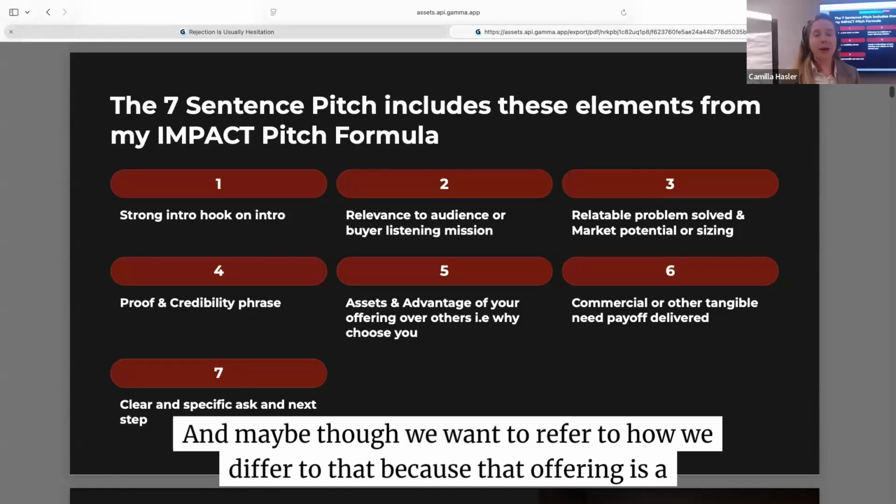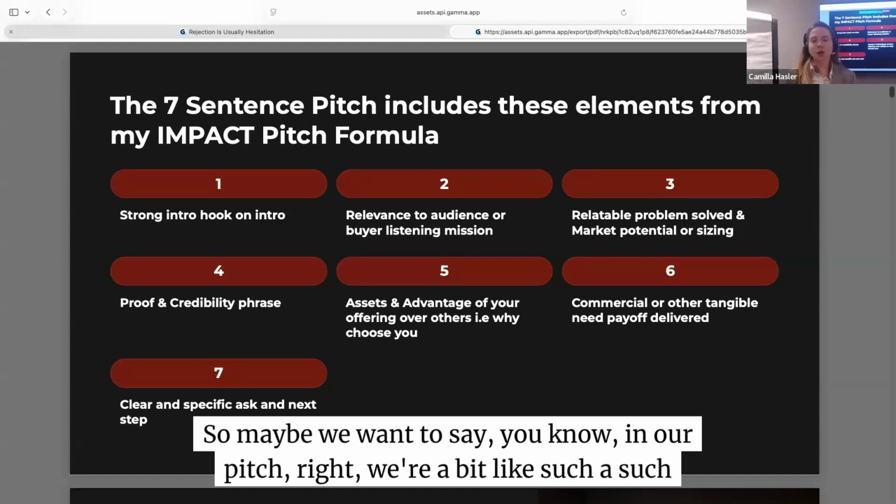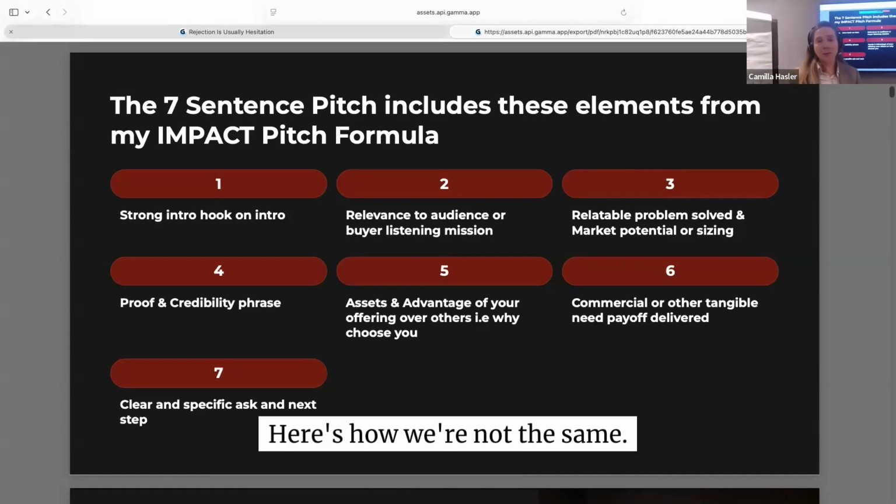Maybe we want to refer to how we differ from that, because it is a very established market offering. So maybe we want to say in our pitch, we're a bit like such and such company, but we do this in a different way to them. Here's how we're not the same.